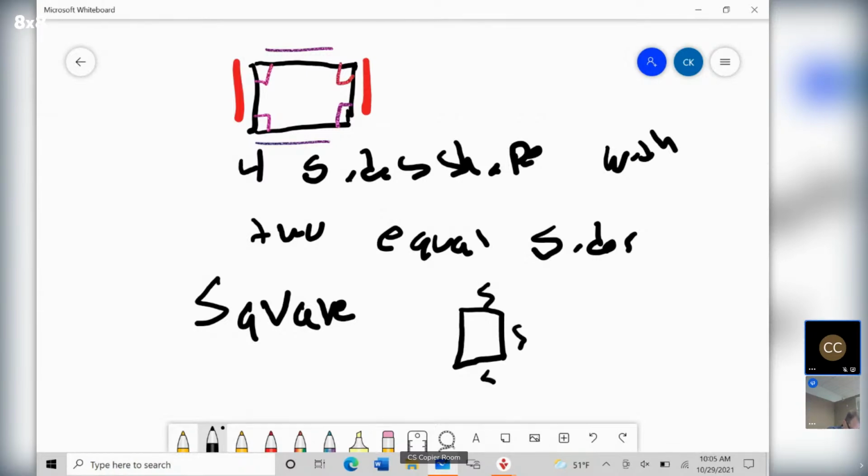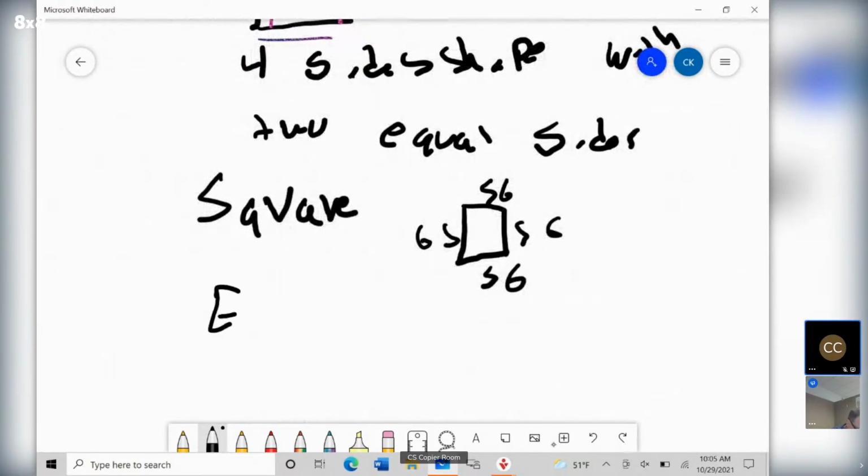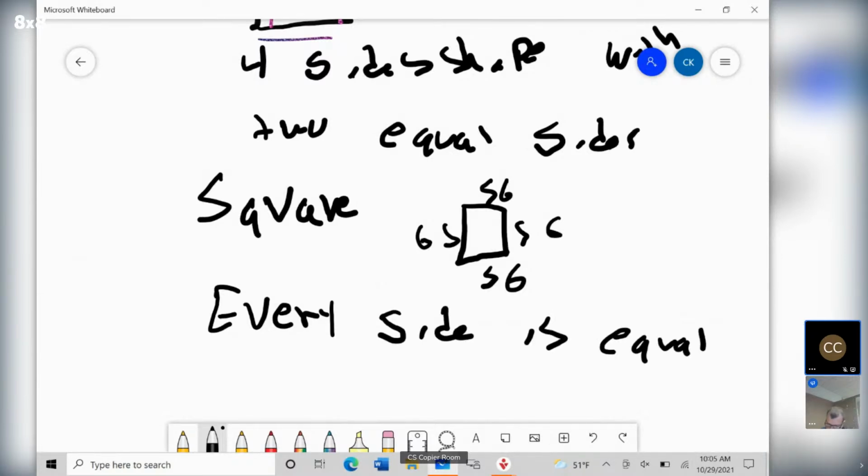So if it was S, or we'll say 6, 6, 6, 6, every side is the same. And once again, all the angles would equal 90 degrees.